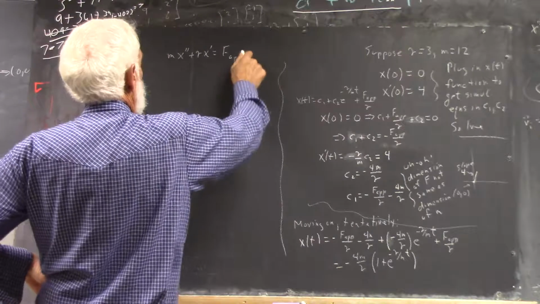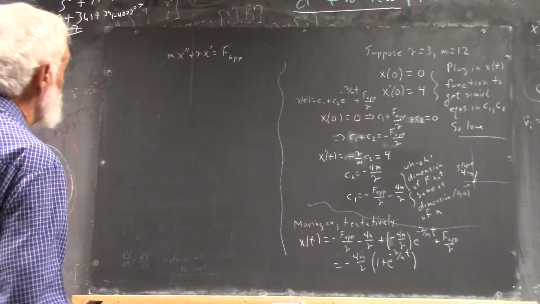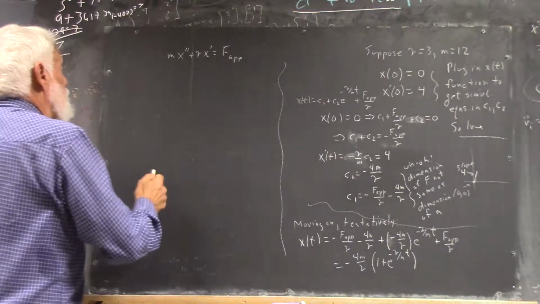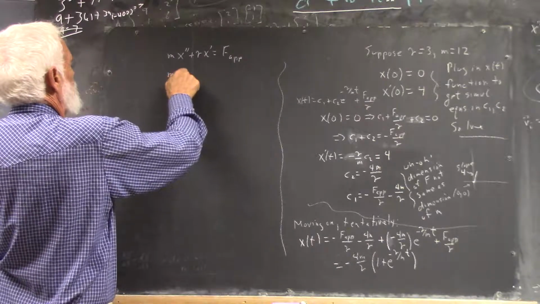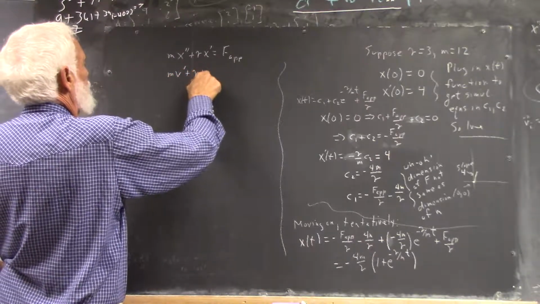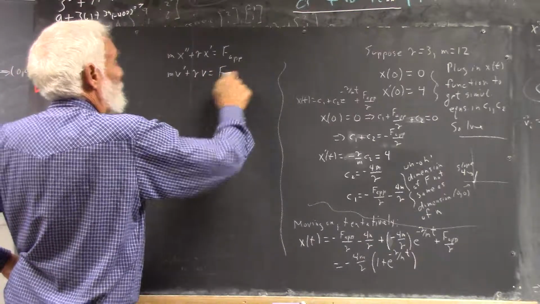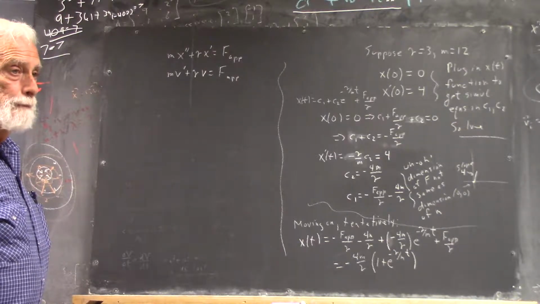Minus gamma b. Oh, no, that's all right. Okay? That's it. Okay. Can't I write that as m v prime plus gamma v equals F applied? Right?